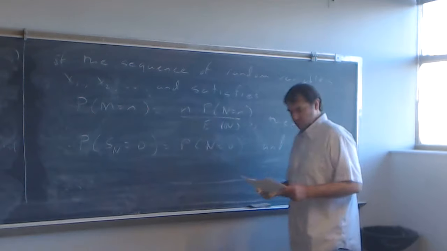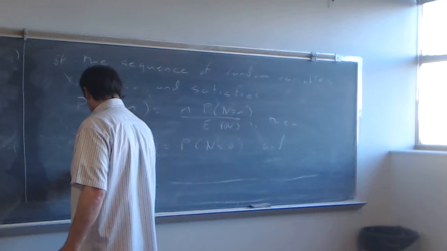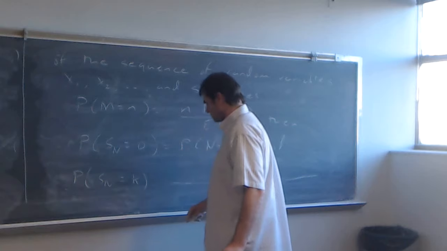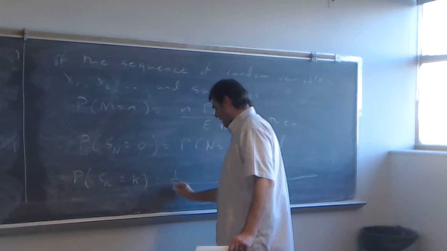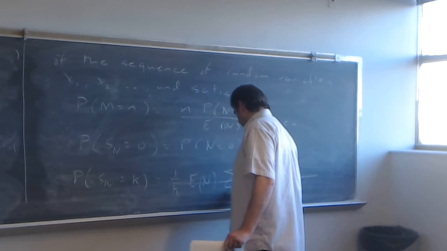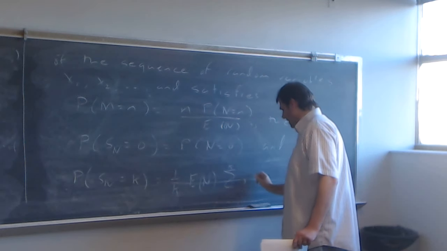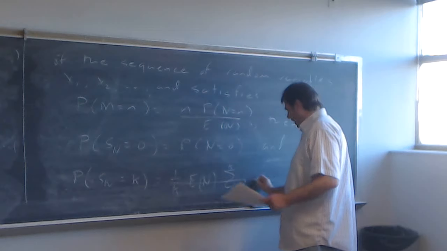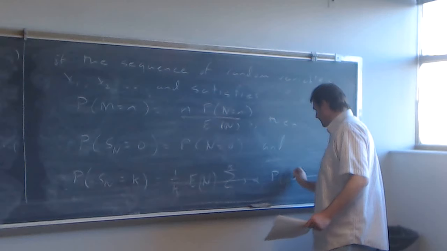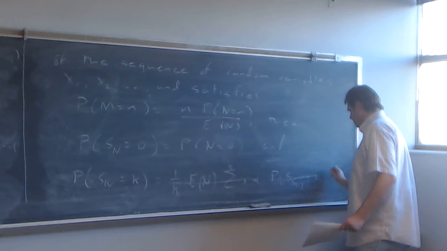And the probability that S of N is equal to, let's say, k, is equal to 1 over k times the expected value of N times the sum as j runs from 1 to k of j alpha sub j times the probability that S of M minus 1 is equal to k minus j.